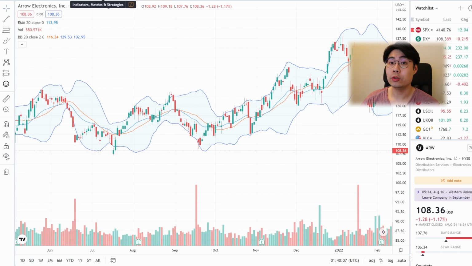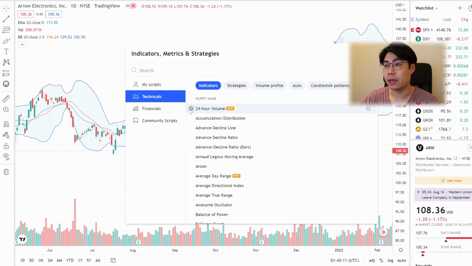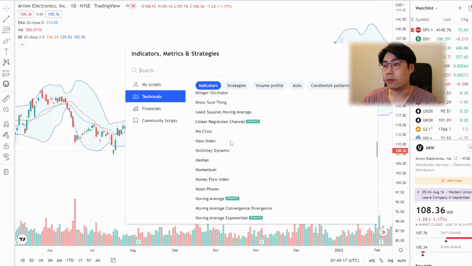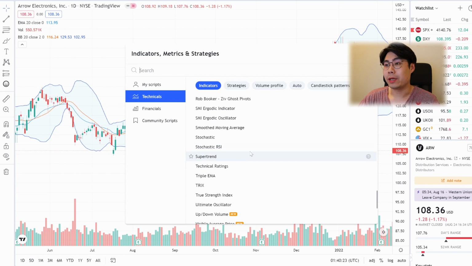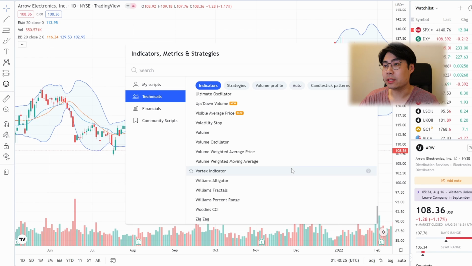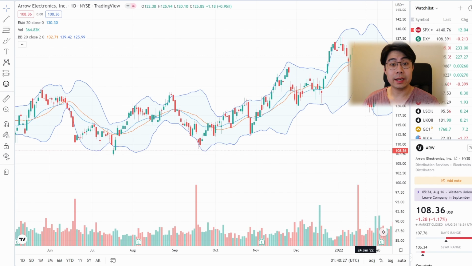Great. I'm also going to briefly talk about how in TradingView there are so many different indicators, right? If you look at indicators, there are so many of them. There's Bollinger Bands that we talked about, there are moving averages, there is stochastic RSI, etc., etc. There are so many indicators out there, and not all of them are very useful.